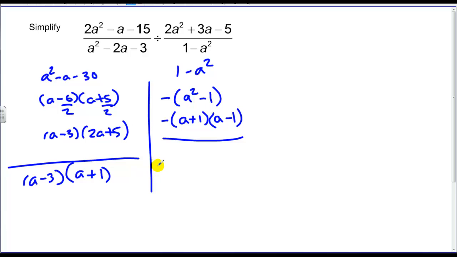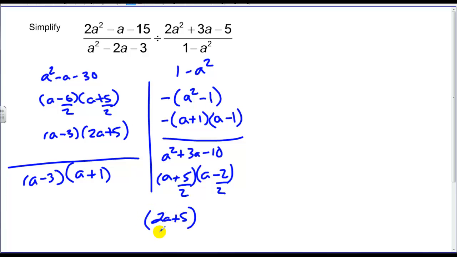And then in the denominator now, I'll do a 5-step of a squared plus 3a minus 10, which gives me an a plus 5, a minus 2, divided by the initial multiple, giving me 2a plus 5 and a minus 1.